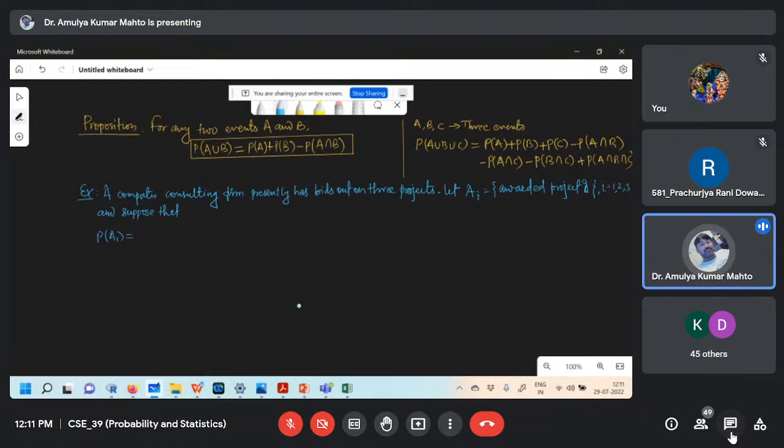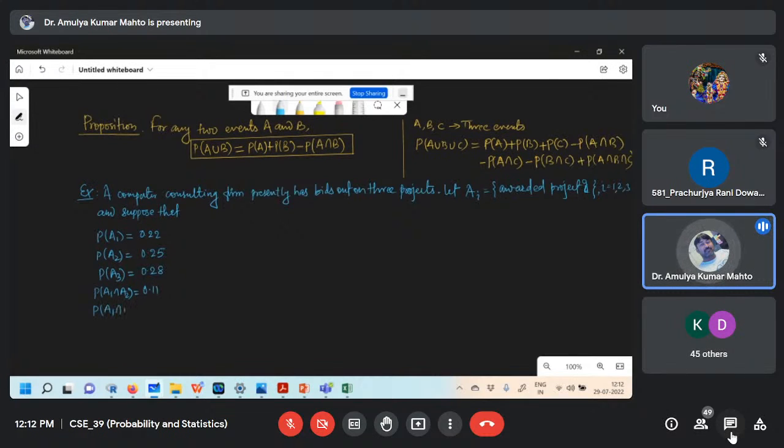So P(A1) is given as 0.22. P(A2) is given as 0.25. P(A3) is given as 0.28. Probability of A1 intersection A2 is given as 0.11.